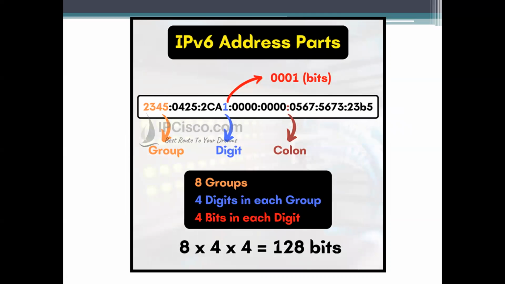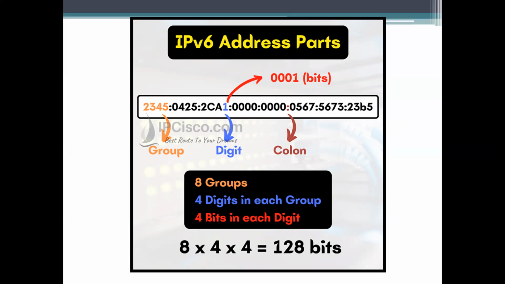As we refer to here, we have our group, our digits, our colon, and our bits. There are 8 groups, 4 digits in each group, and 4 bits in each digit. And these make up our 128 bits in our IPv6 address.